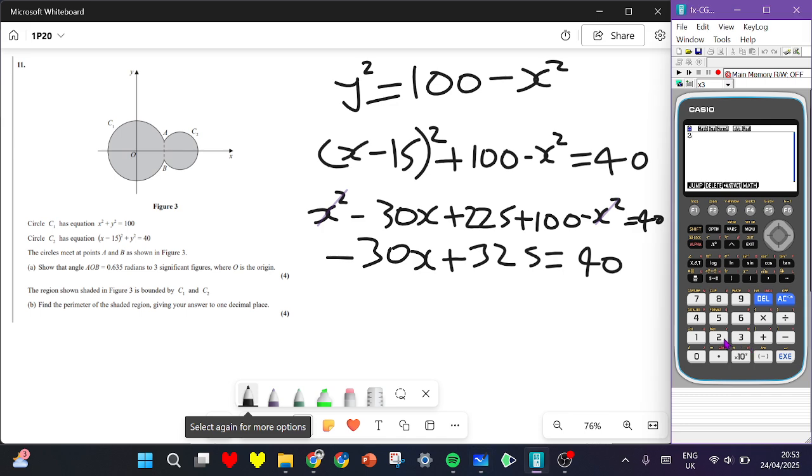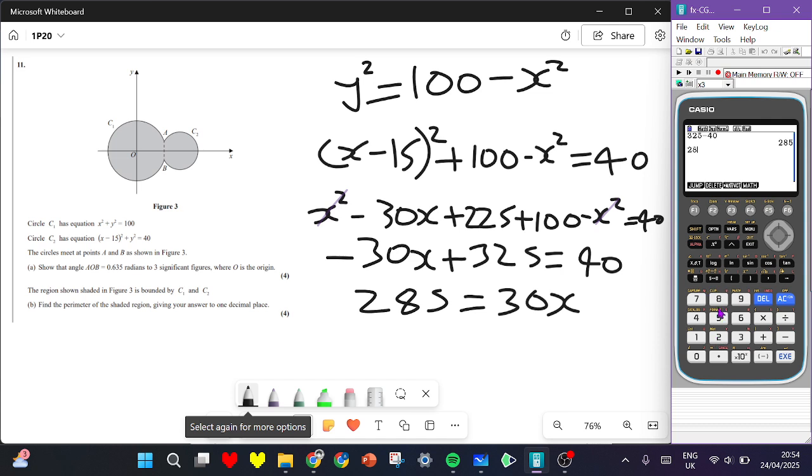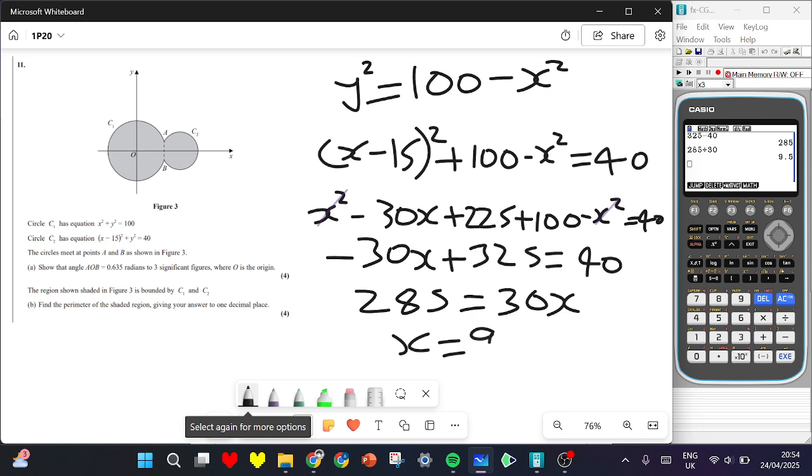So 325 minus 40, we have 285 is equal to 30x, and then I'm doing that divided by 30 to get x, so x is equal to 9.5. And this lines up with the diagram because we can see that they both have the same x coordinates, right?